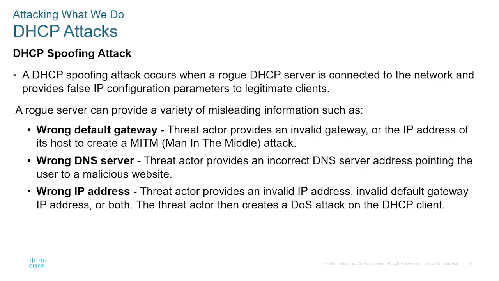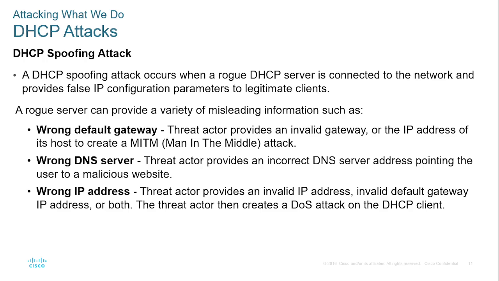So we have a legit DHCP server and a rogue DHCP server, and when a client requests an IP address, if that communication gets to the rogue DHCP server first, the rogue server issues an IP address that ensures the client communicates with the rogue DHCP server instead of the legit DHCP server.